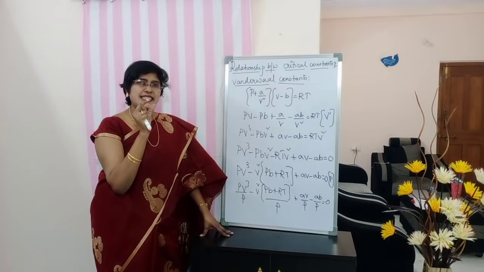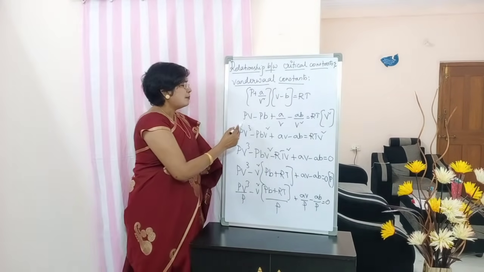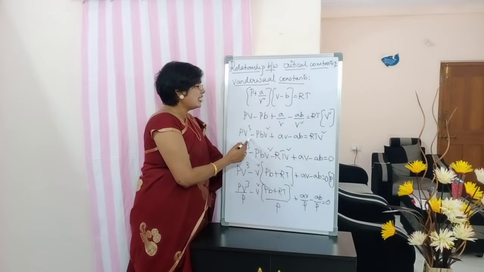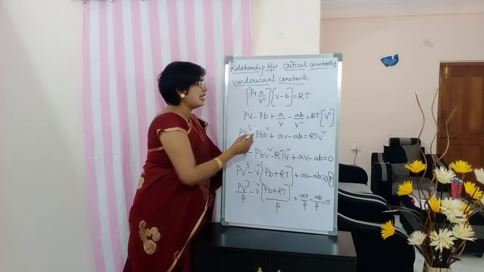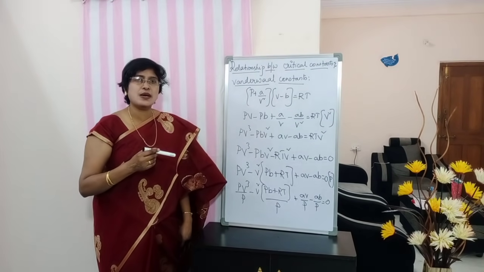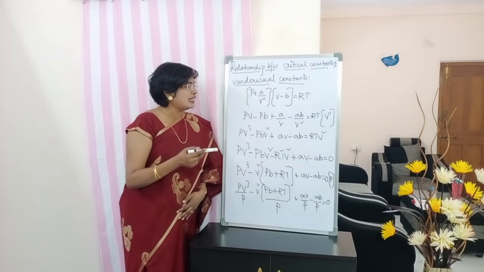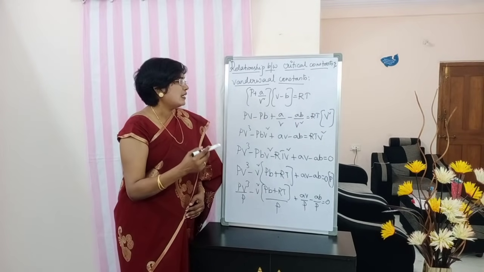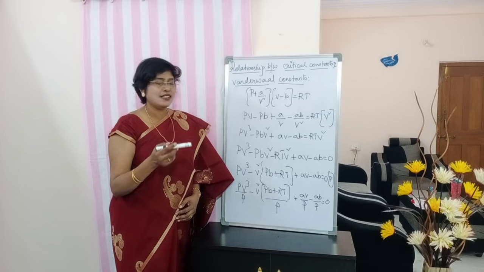Okay, so each term should be multiplied by V². Ready, students? PV into V², PV³, minus Pb into V², PbV², plus a/V into V², V gets cancelled. What remains? aV minus ab/V² into V², so ab. Equal to RT into V², RTV².